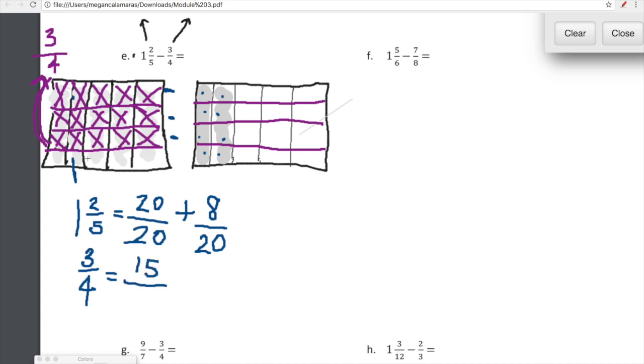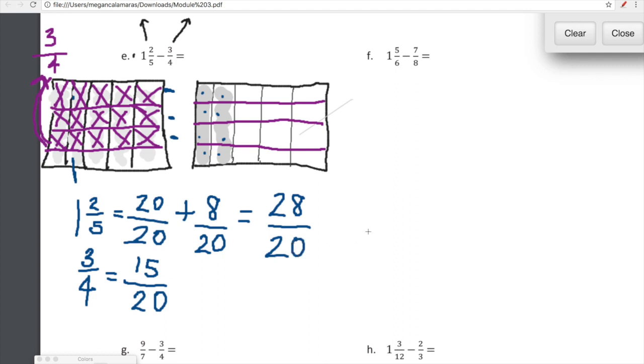Out of, we already know this rectangle is divided into 20 squares. Okay, so 1 2/5 is equal to 20/20 plus 8/20. 3/4 is equal to 15/20. So now we need to rewrite our expression. Well, actually, let's go ahead and simplify this. 20/20 plus 8/20, Anna, thank you, is equal to 28/20.